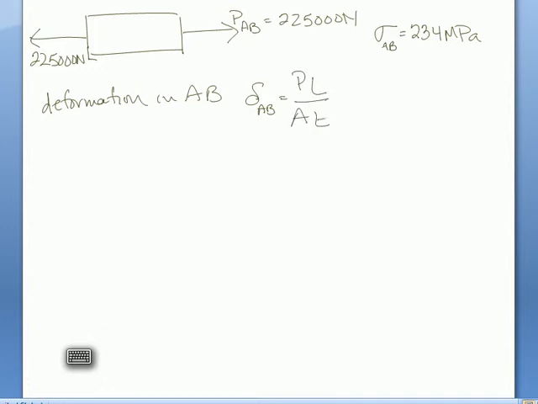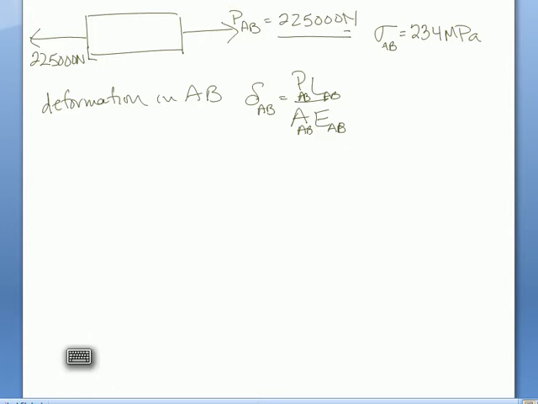Generally, deformation is the product of the internal force, P, times the length of the segment, divided by the cross-sectional area of the segment times Young's modulus. Now, when you have multiple cross-sections, you have to consider that the different cross-sections may have different quantities. We already know that our internal force, PAB, is 225,000.